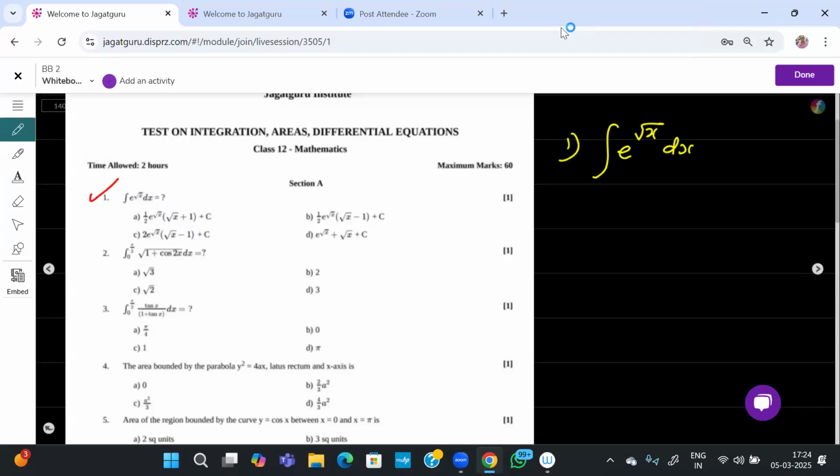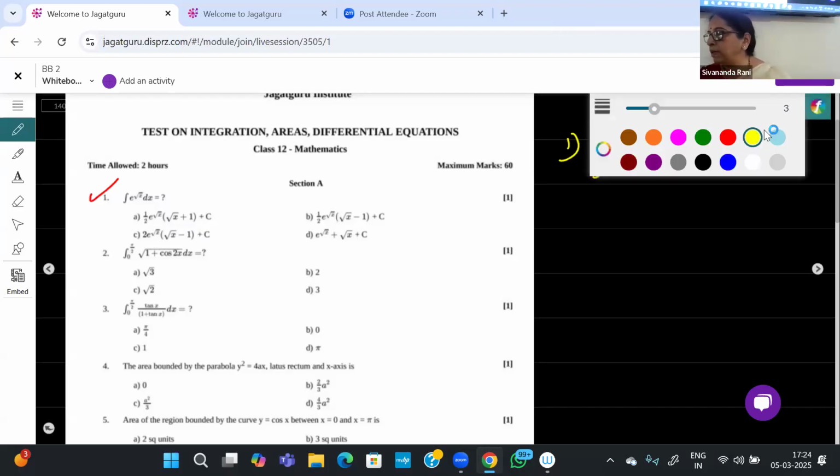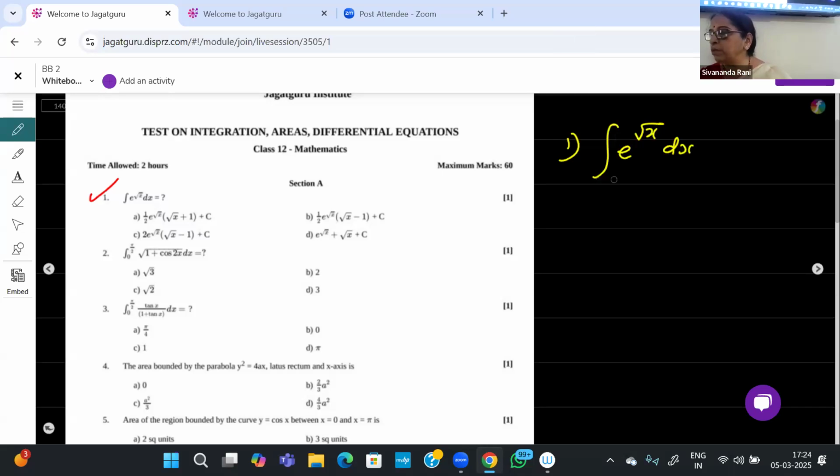C option. Good job. But what was your approach for this? By parts. Okay.